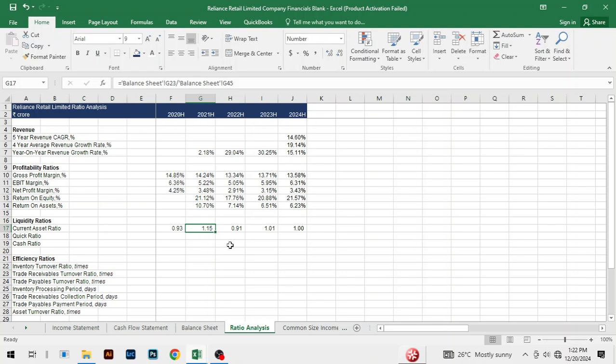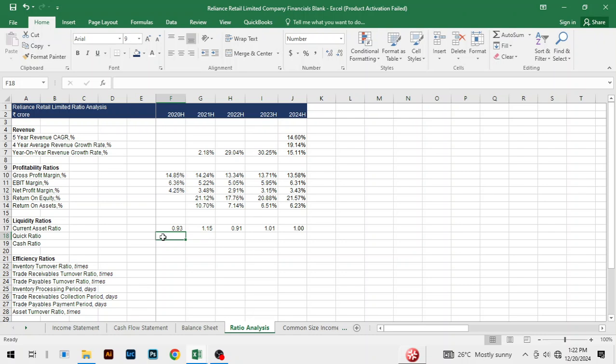But here we are seeing the company in 2021 had $1.15 in current assets to cover $1 of current liabilities, and I think the ratio deteriorated in 2022 but improved in 2023 up to 2024.